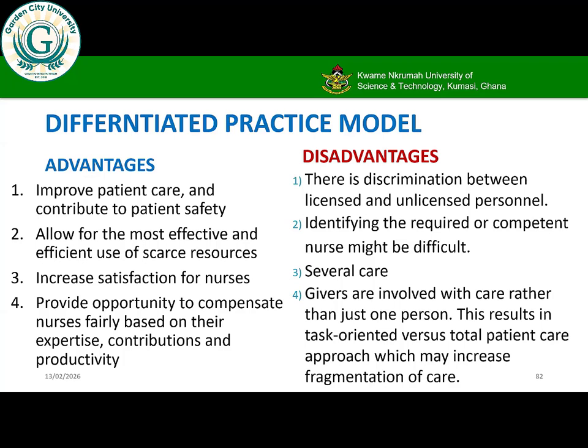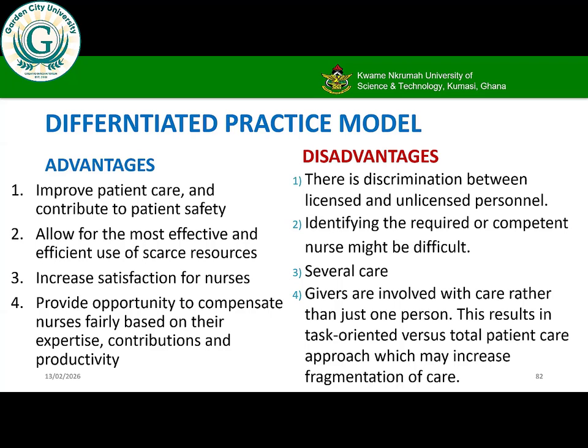So this is the differentiated practice model of care. It contributes to patient safety, allows for the most effective and efficient use of scarce resources, increases satisfaction for nurses, and provides opportunity to compensate nurses fairly based on their expertise, their contributions, and productivity. But here, obviously there's a discrimination, but you can't do anything about it.